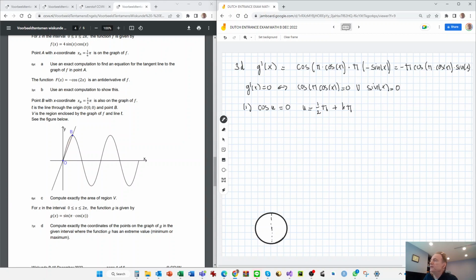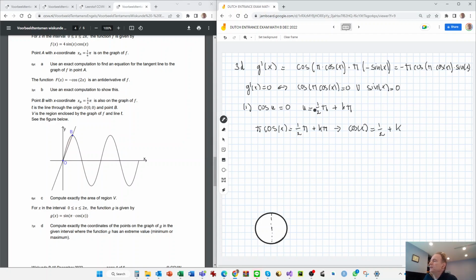So that means that we need to have pi times the cosine of x equal to 1/2 pi plus k pi, again k any integer. And I can divide out pi, so it means that cosine x has to be equal to 1/2 plus k.